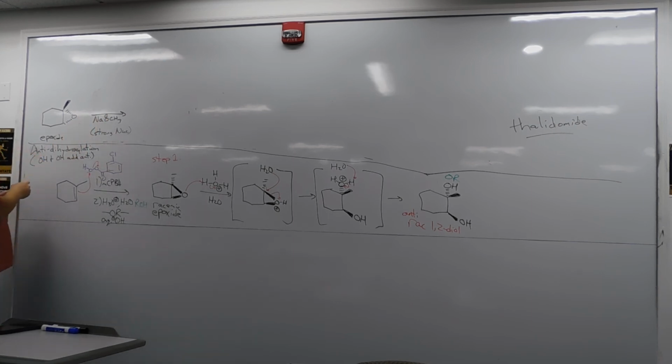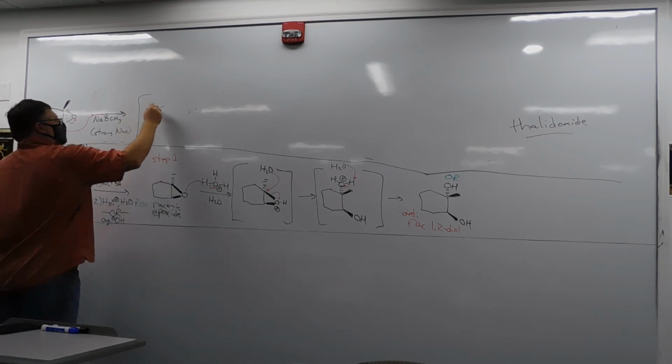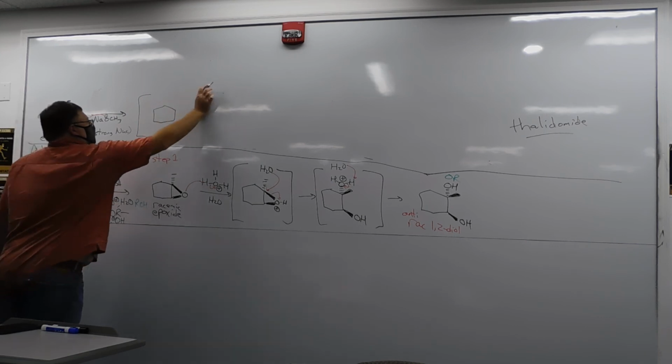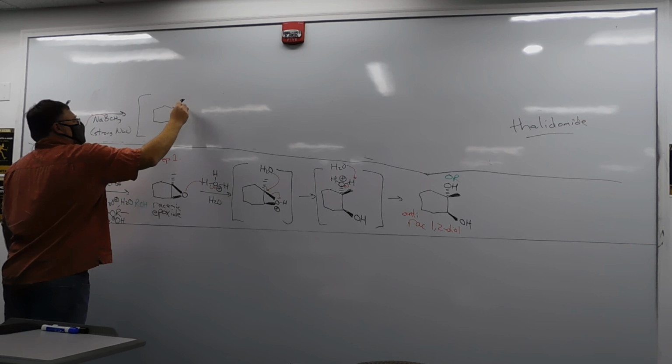That O- is going to attack, and here's the thing. Now it's going to attack the less substituted carbon. So this is purely an SN2 reaction. Stereochemistry on the more substituted carbon stays put. Oh, sorry, that's an O-.